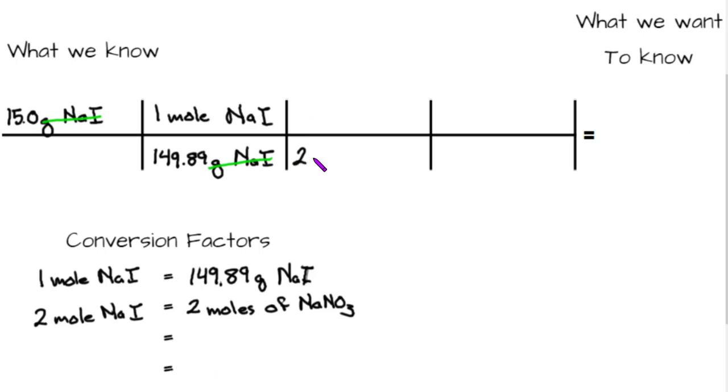So I'm going to put 2 moles sodium iodate over 2 moles of sodium nitrate. I do this so that the moles cancel with the moles, leaving me in moles of sodium nitrate.